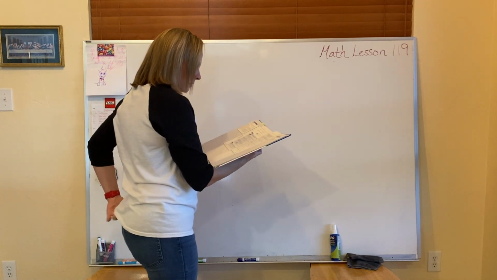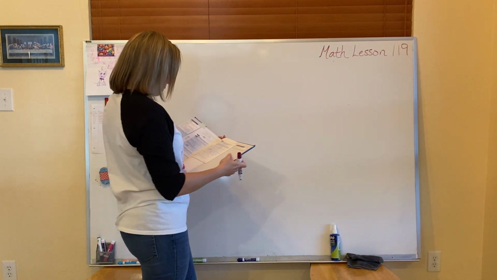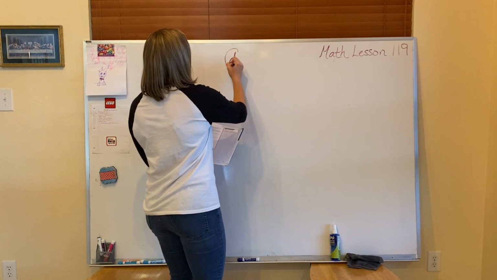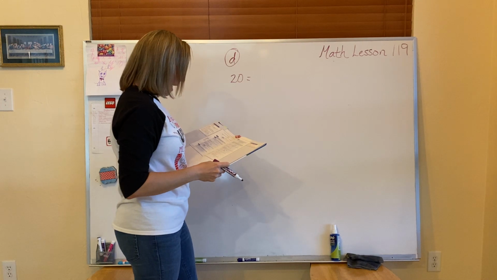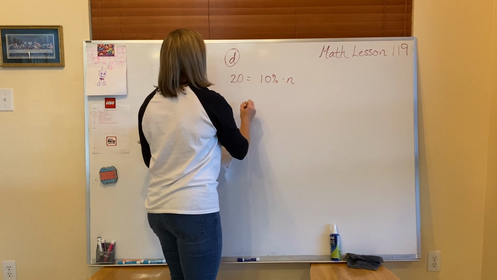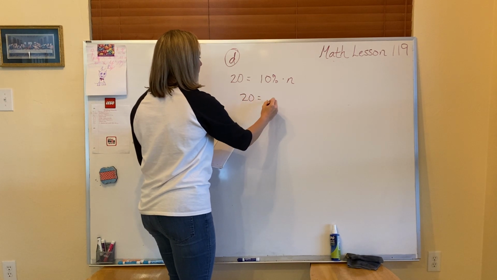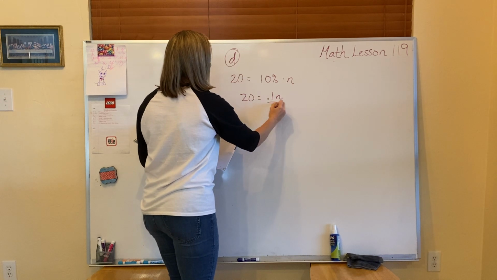So D, 20 is 10% of what number? So 20 equals 0.1 times n.